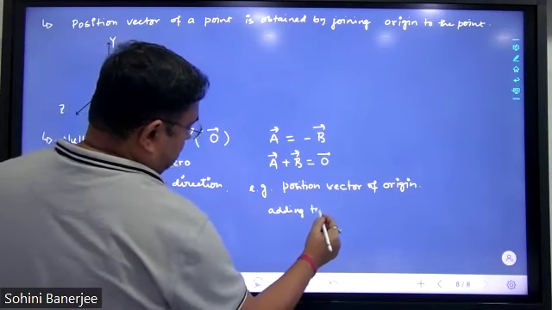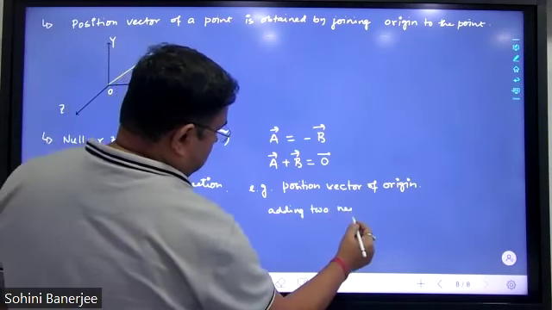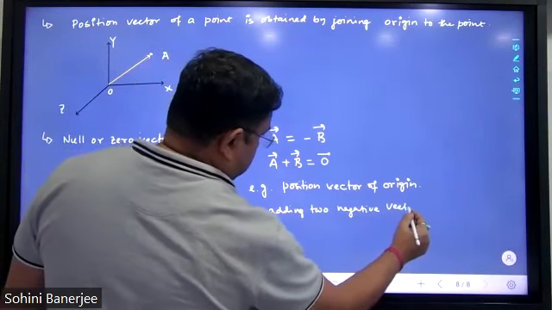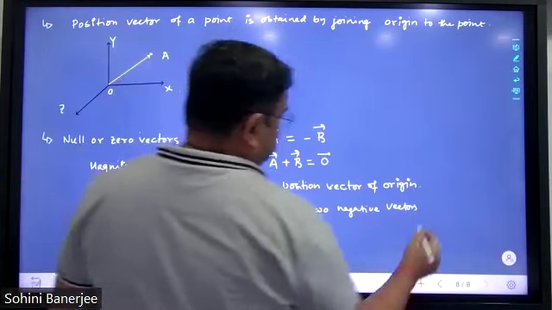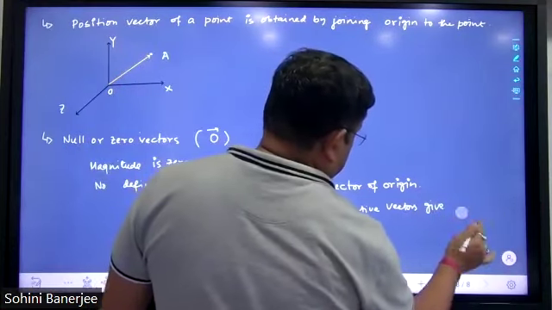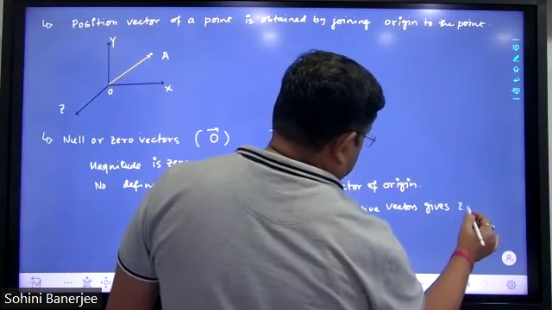Adding two negative vectors gives zero vector.